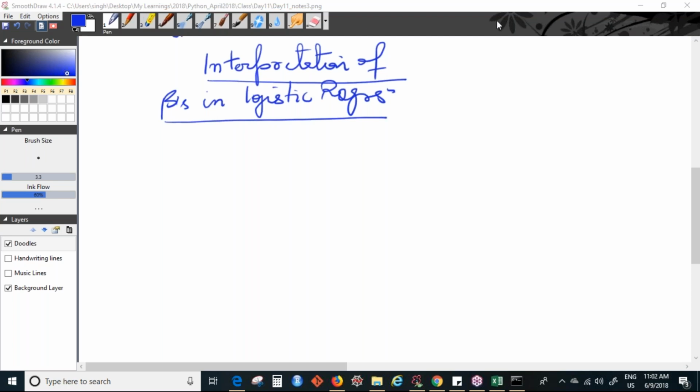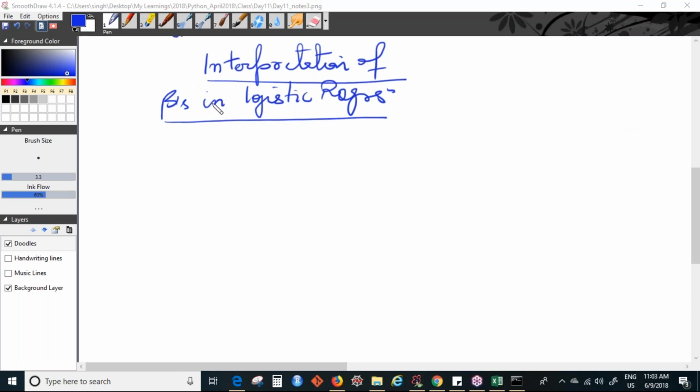In linear regression we saw, right, it was easy. In linear regression, when you increase your x1 by 1 unit, your y increases by beta 1 units. Remember guys, that is what we saw. That was the interpretation of betas in linear regression. If you increase x1 by 1 unit, your y increases by beta 1 units.